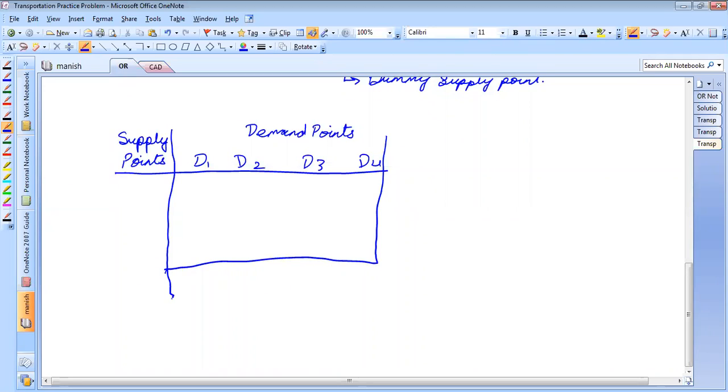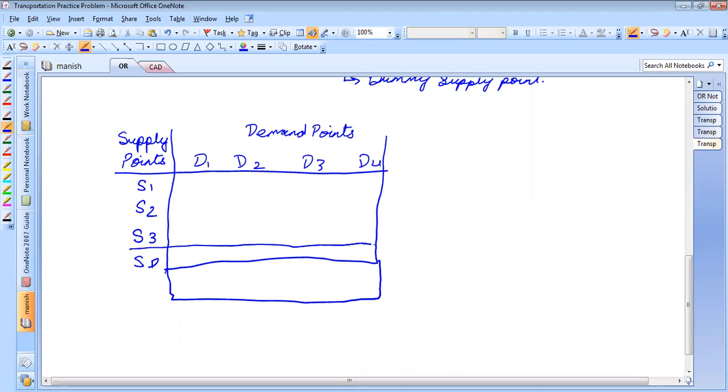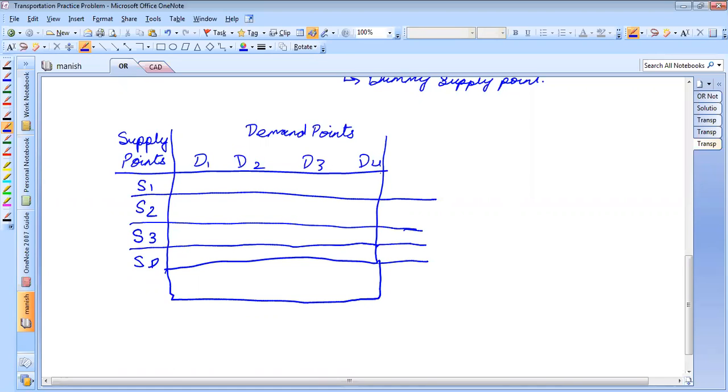So let me just write them first. So I'm going to write S1 here, S2, S3 and then SD. What is this SD? SD is my dummy point. Okay, dummy supply point. So we have demand points D1, D2, D3 and D4.